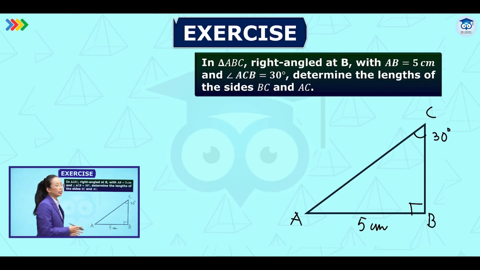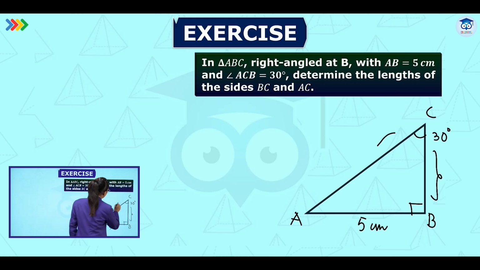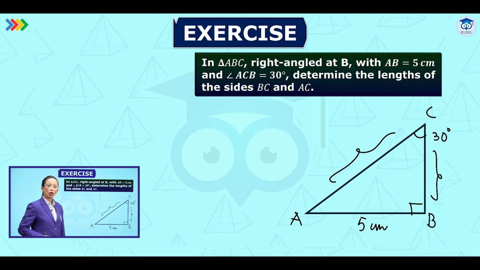The figure is just for reference, it is not up to scale. So determine the length of BC and AC. That's two. So how are we going to do it?